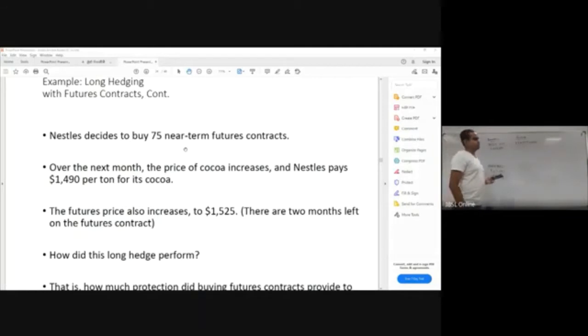But the futures price also increases. Now they have gone long futures, which will also increase in price. It goes up to 1,525, and they have a price advantage of $1,080,000.